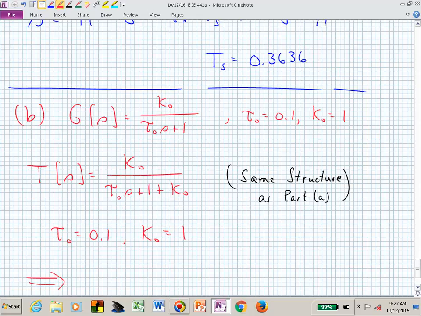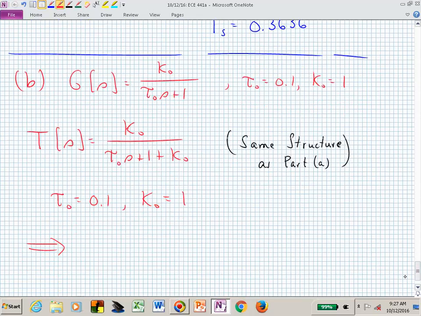Plant B had the exact same structure, just different values for tau0 and K0. In this case, we get exactly the same expression for our transfer function, and we want to find the settling time, which means that we're interested in finding what?